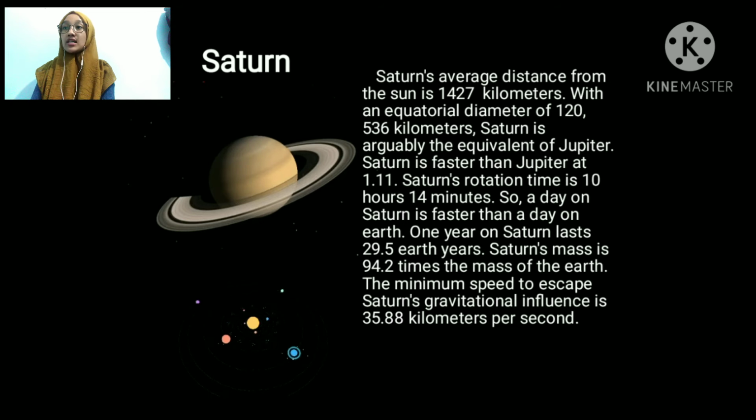Saturn's rotation time is 10 hours, 14 minutes. So, a day on Saturn is shorter than a day on Earth. 1 year on Saturn lasts 29.5 Earth years. Saturn's mass is 94.2 times the mass of the Earth. The minimum speed to escape Saturn's gravitational influence is 35.88 kilometers per second.